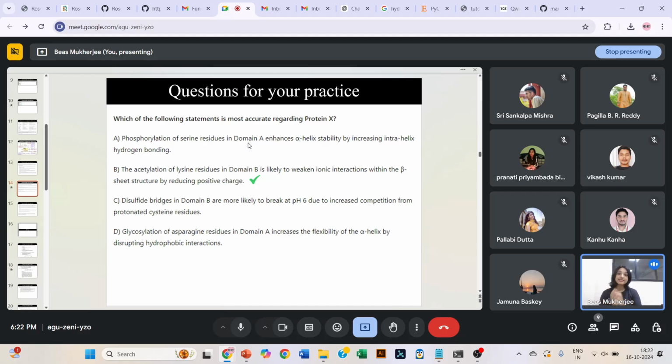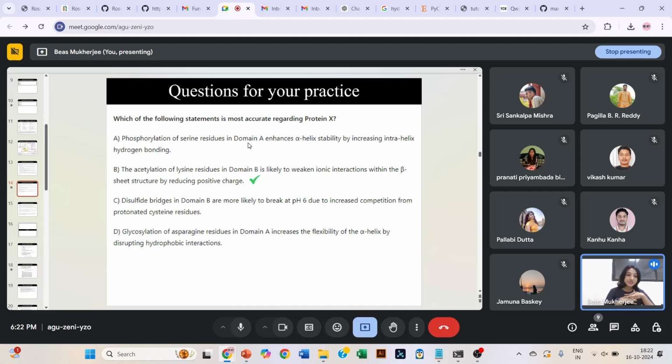Then you have disulfide bridges in domain B are most likely to break at pH 6 due to increased competition from the protonated cysteine residues. We will look at that in the next slide. Then, glycosylation of asparagine residue in domain A increases the flexibility of the alpha helix by disrupting the hydrophobic interactions.